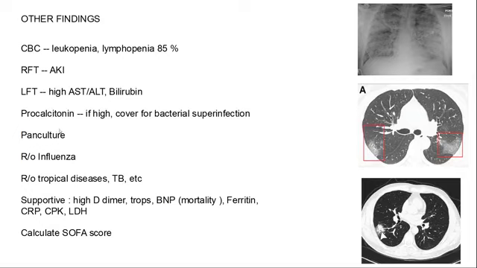So usually when you get a patient with COVID-19 in the hospital, you want to do all these tests. You want to do pan culture. You want to rule out influenza, because there is influenza going around, and it's treatable. And depending on your country, you can think about other tropical diseases like scrub typhus or dengue, or TB, and all those things.